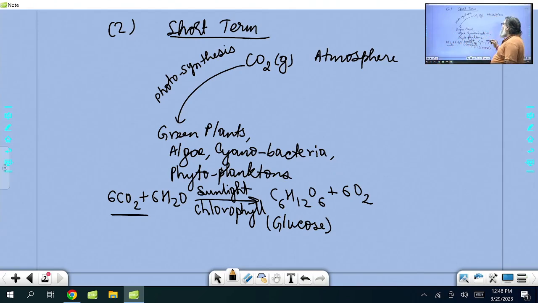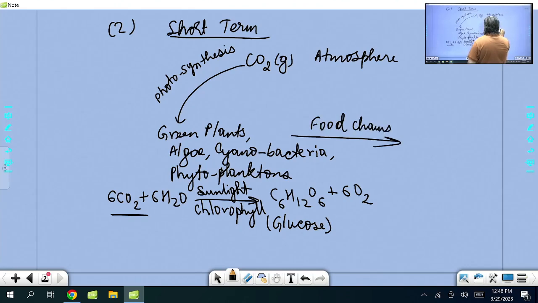Now what happens? This will enter the food chain. It becomes part of food chains. Herbivores, carnivores, omnivores, all the different types of animals cannot make their own food. Here we are talking about producers. These are the producers.